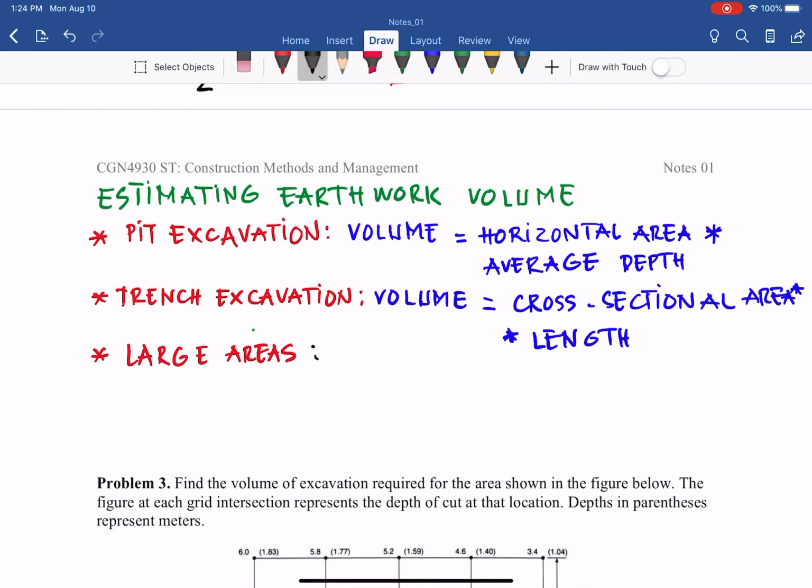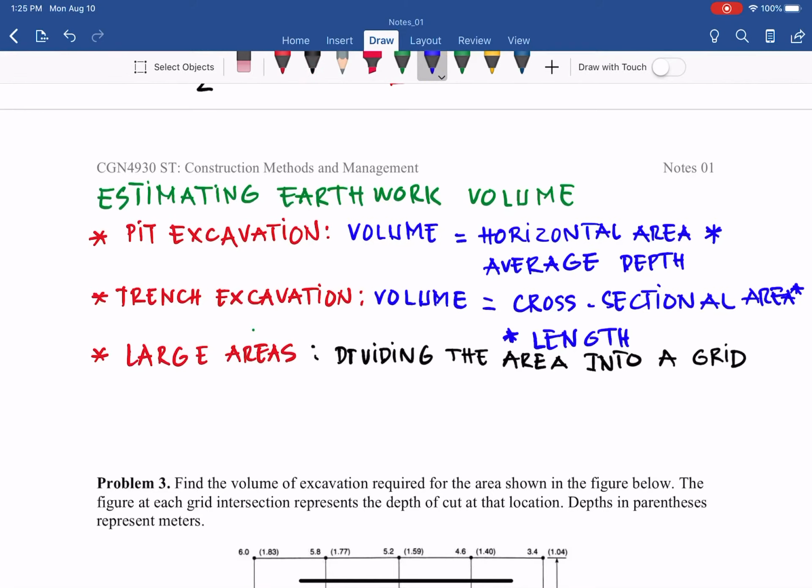We have to divide the horizontal area of the excavation into a grid, right? Dividing the area into a grid, and that I will show you in the next problem, problem 3.